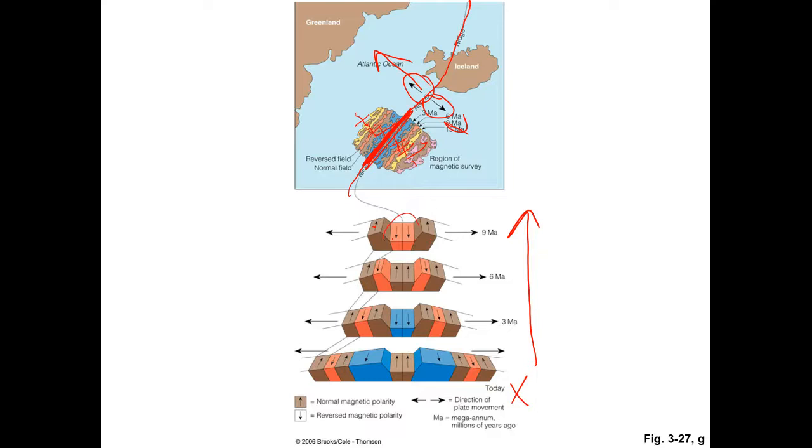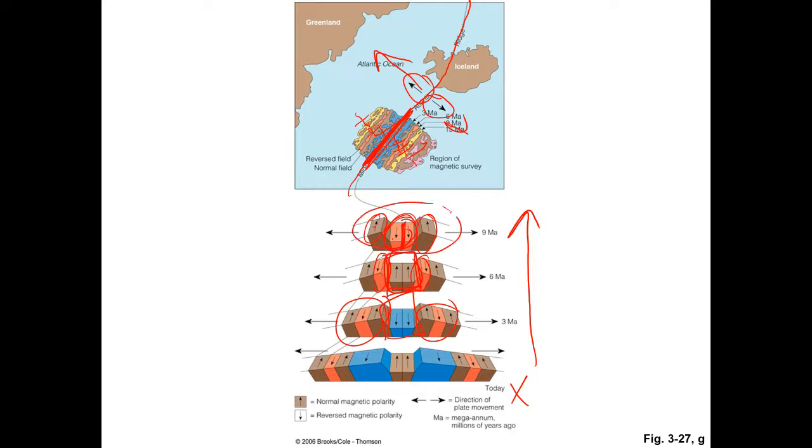So here is your reverse polarity on either side of the mid-ocean ridge. Then you have a normal polarity. These two red move away as new ocean floor is formed. This all then moves away, that's this image, as these new ocean floor areas are formed. So again, 1 through 3 of the Wilson cycle, you see how this is opening up over time, okay?